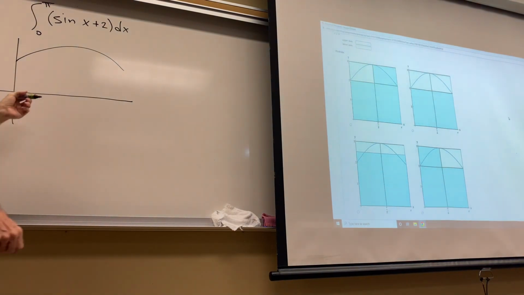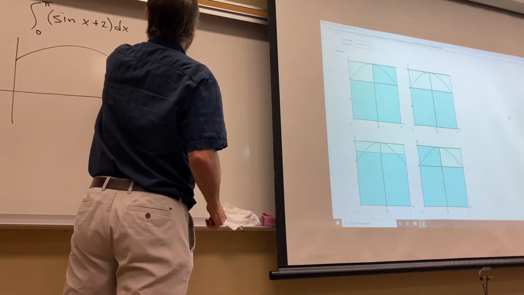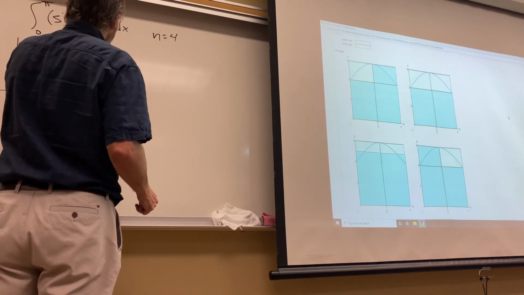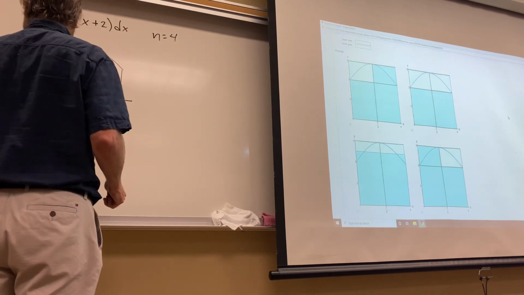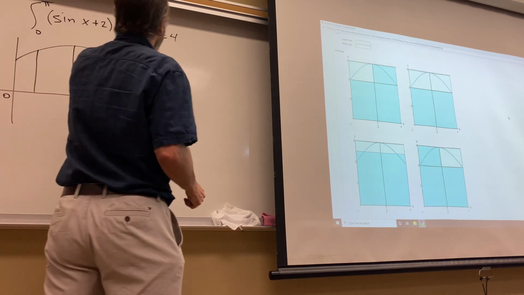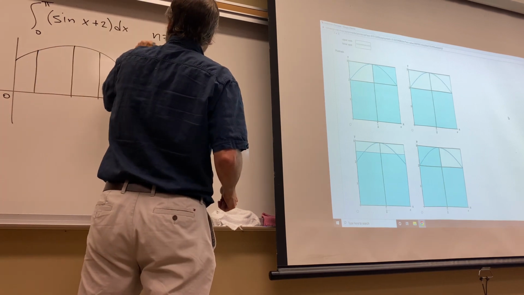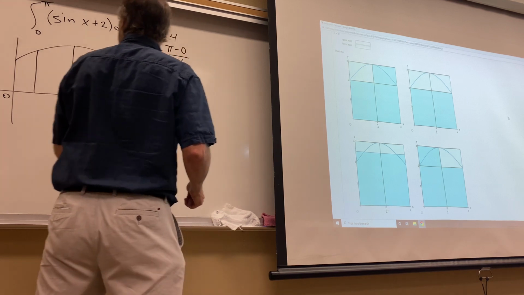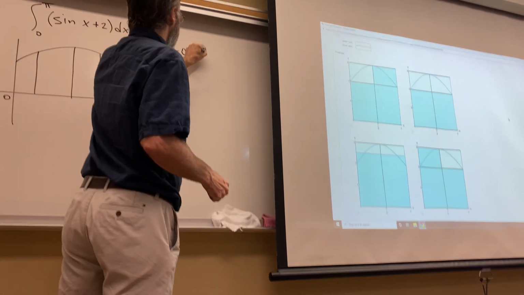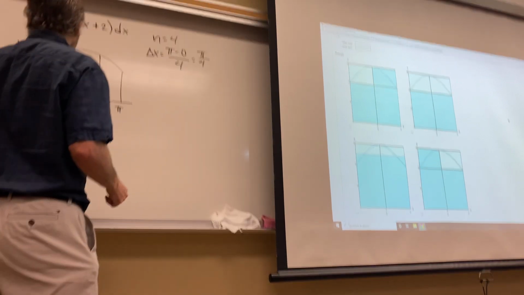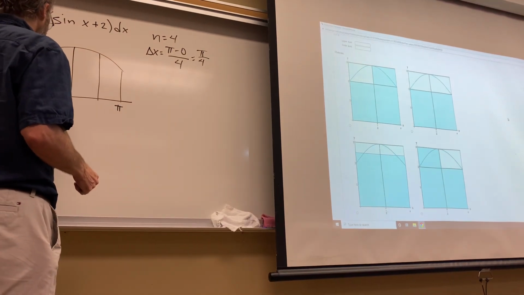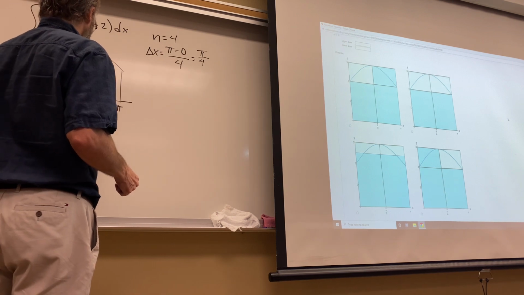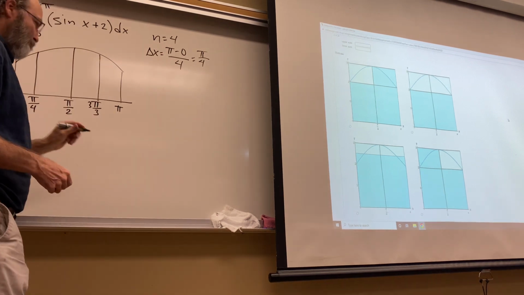Okay, and say we're doing n equals 4, so we're going to divide this into 4 rectangles. This is 0, this is pi. Delta x is pi minus 0 over 4, which is pi over 4, so this is pi over 4, pi over 2, 3 pi over 4.